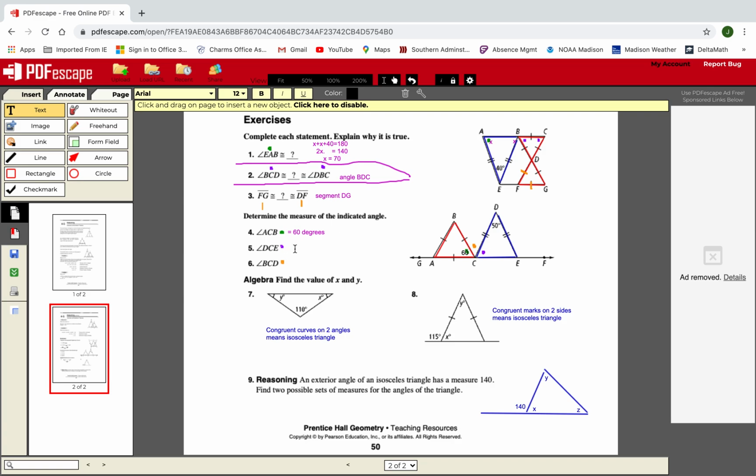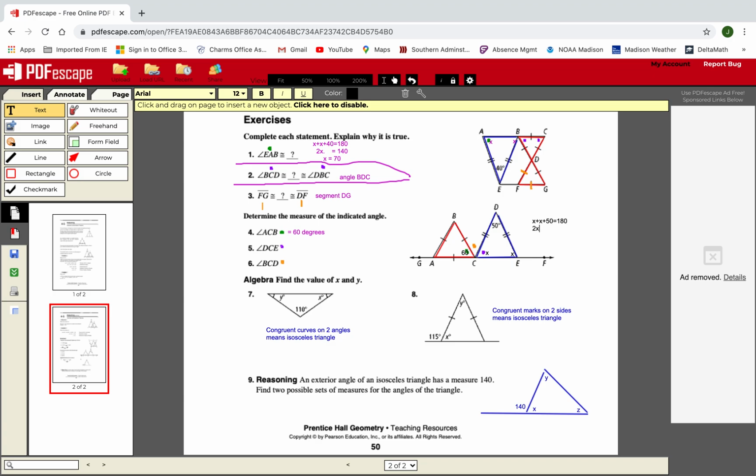All right, so the measure of angle DCE, and this is that same situation as we did up here on problem number 1, where if you have an isosceles triangle, you can simply put the same variable for both of the base angles. So I did up there for x, let's do the same thing down here. If I say that this is x and this is x, then I can start out here by saying x plus x plus 50 equals 180.